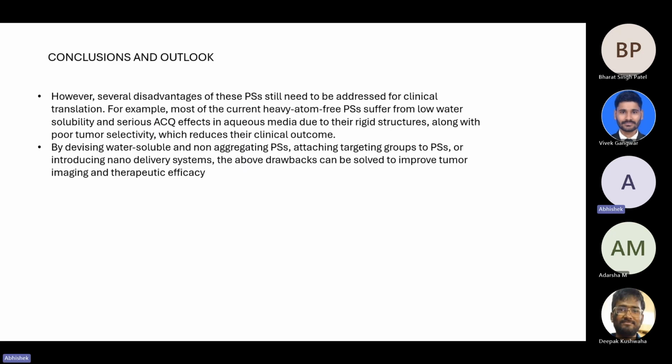And in conclusion and outlook, there are several disadvantages of these photosensitizers that still need to be addressed for clinical translation. For example, most of the current heavy atom photosensitizers suffer from low water solubility and a serious ACQ, that is aggregation caused quenching effect in aqueous media due to the rigid structure, along with poor tumor selectivity, which reduces their clinical outcome.